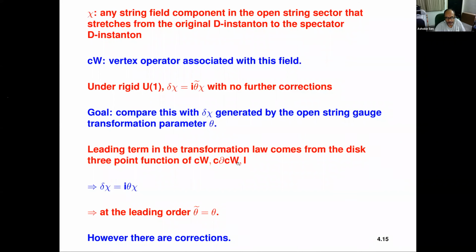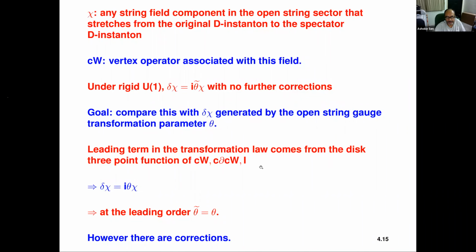It is a conjugate state to chi. You see there are two chi's in this formula. We first transform the string field and then project onto the chi direction. So C del C times W essentially makes sure that we are computing delta chi, and C times W tells us that we have a chi field present on the right hand side.